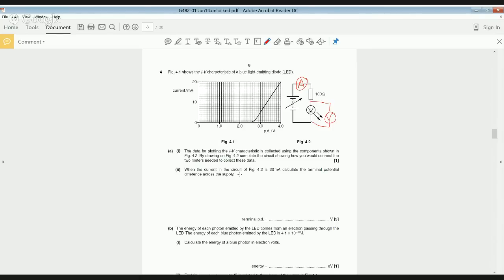So terminal PD equals the voltage across the fixed resistor plus the voltage across the LED.